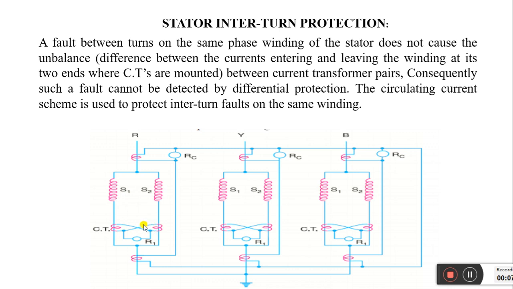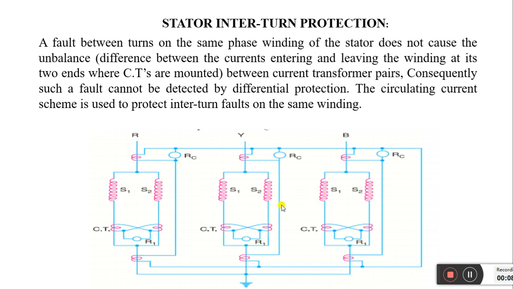Because the same current is flowing through both CTs, there will not be any flow of current through this relay R1. That is, if there is no internal fault, equal current will be flowing through these secondary CTs, and no current will flow through this relay R1. Similarly in the Y phase and B phase also.